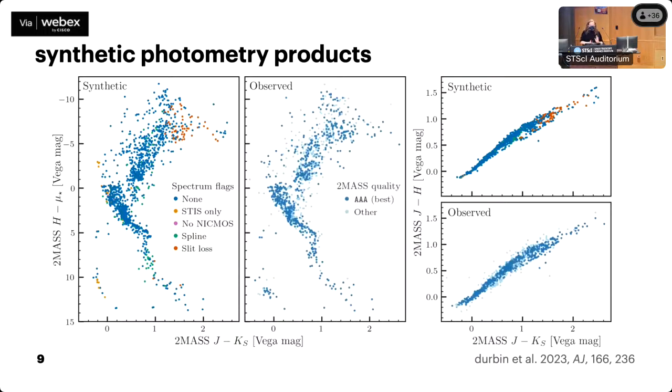And here is the real 2MASS photometry for comparison, where the dark blue points are the highest photometric quality. Overall, considering not all of these libraries are absolutely flux calibrated, I think it looks pretty good. And the dominant term when you compare the colors directly is actually the 2MASS photometric errors.